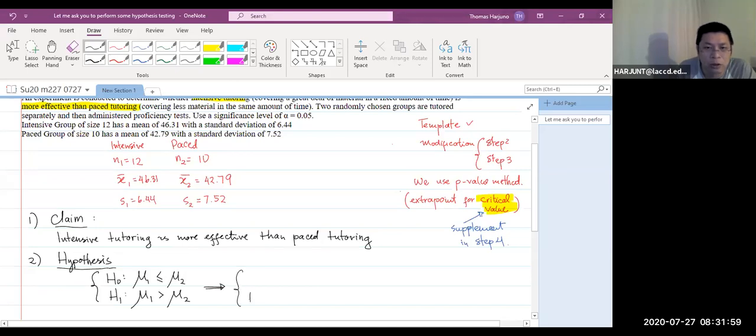We need to get a constant, so let me move mu2 to the left hand side. This will be positive. And mu1 minus mu2 less than or equal to 0. Now our claim is here. And it is a right tail.